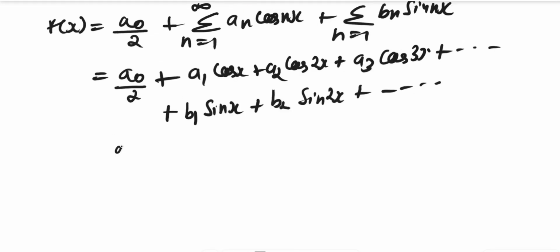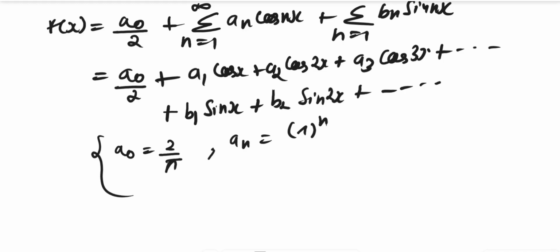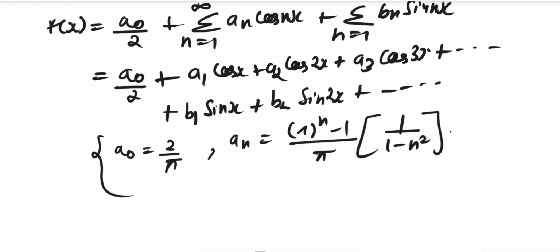So what was a0? It was 2 upon pi. What was an? It was minus 1 raised to the power n minus 1 divided by pi in bracket 1 upon 1 minus n square. bn was 0 and b1 is 1 by 2.